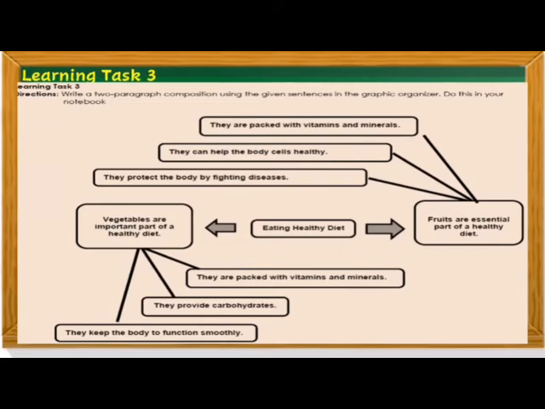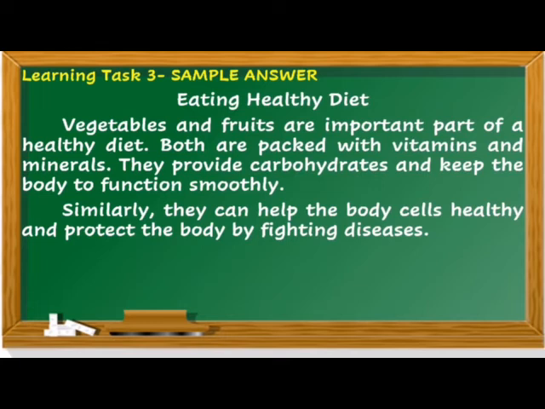And for learning task number 3, write a 2-paragraph composition using the given sentences in the graphic organizer. Do this in your notebooks. And here's my sample answer. You may just pause the video so that you can read it.